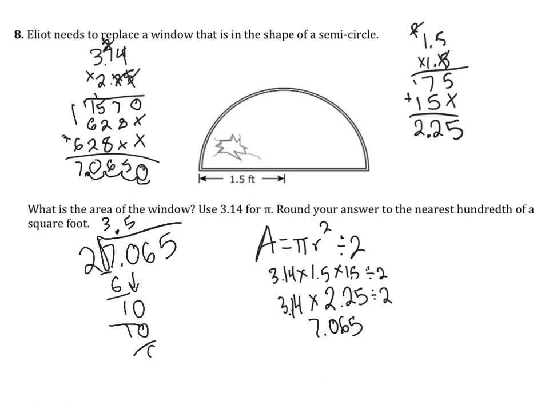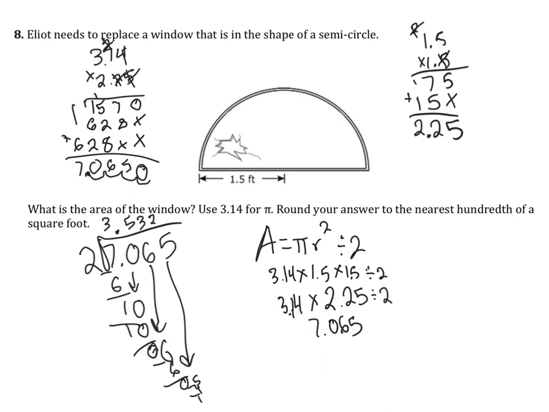And that is 10. Subtract. Bring down the 6. 2 goes into 6 3 times. That is 6. Bring down the 5. 2 goes into 5. That'd be twice. And that is 4. Subtract and get 1.